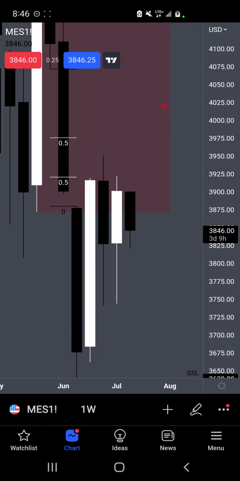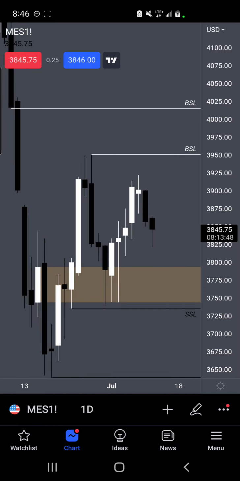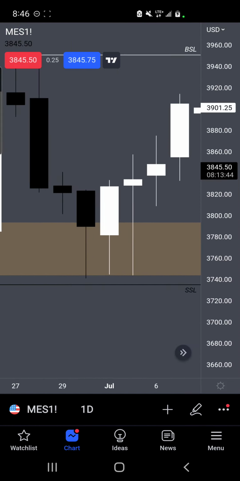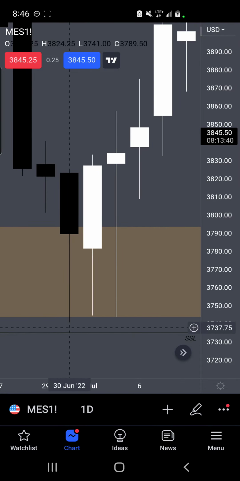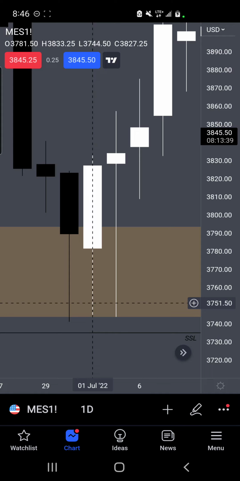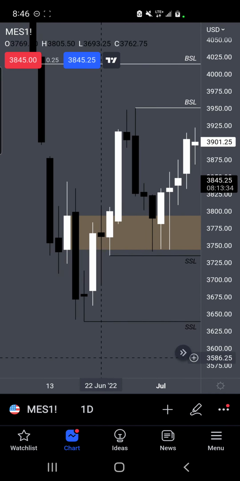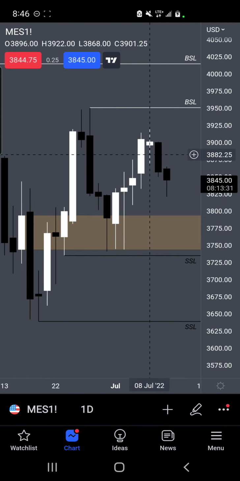On the daily, we had support at that breaker, but these three daily lows being so equal, stuff like this normally gets swept. And we haven't really broken complete structure on the daily yet, I don't think.